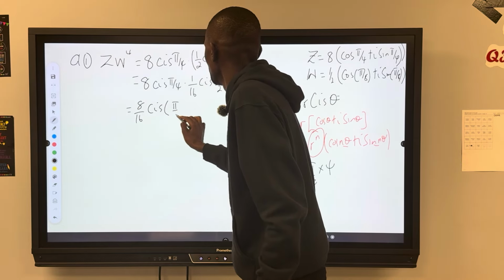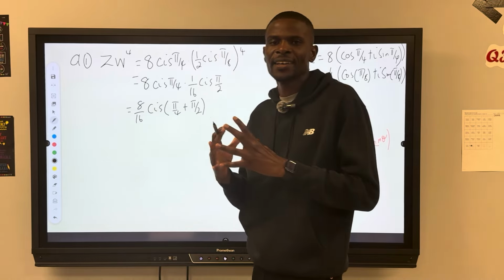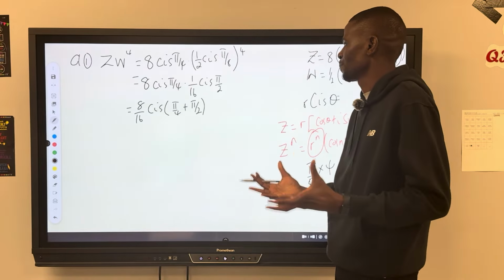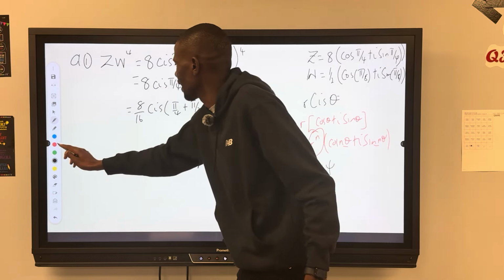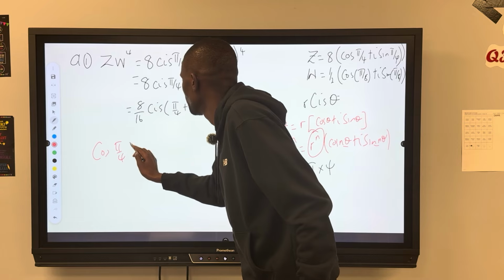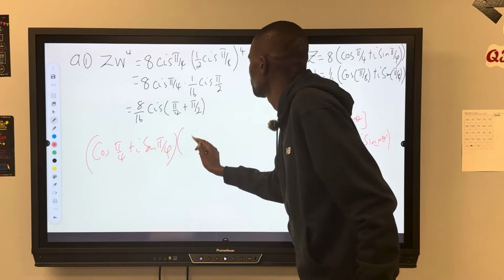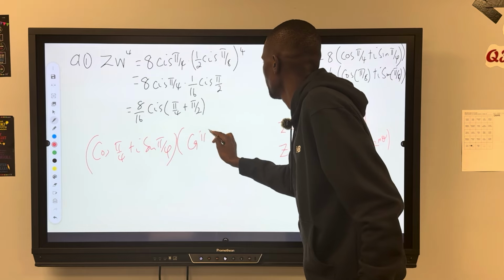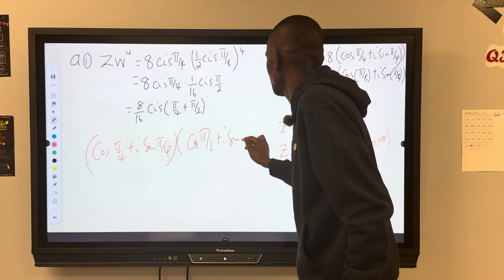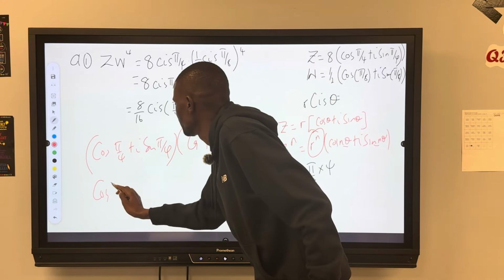So when we multiply two complex numbers together, you only add the angles. For example, if I have cos pi over 4 plus i sine pi over 4 being multiplied by cos pi over 2 plus i sine pi over 2, the rule is that you just have to add.